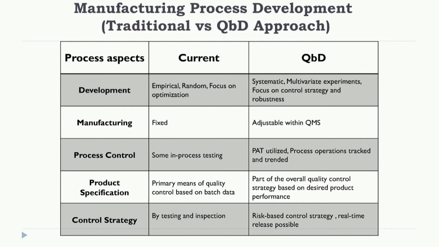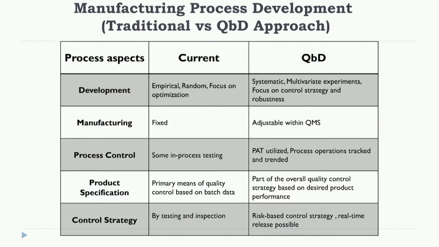If you see the table in this slide, you can see that there is a difference between the traditional and quality by design approach, the QbD approach, in different steps of your product development. In development, the current process development approach is empirical, random, and focused on the optimization of the steps, whereas QbD is a systematic, multivariate approach, which focuses on control strategy and robustness.